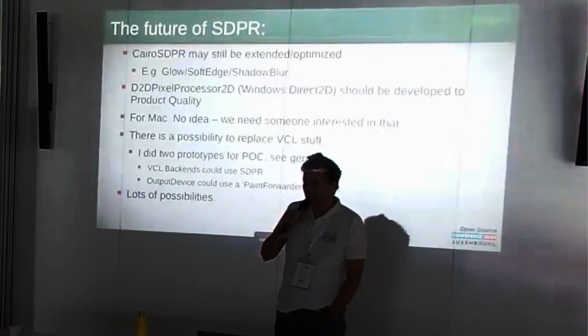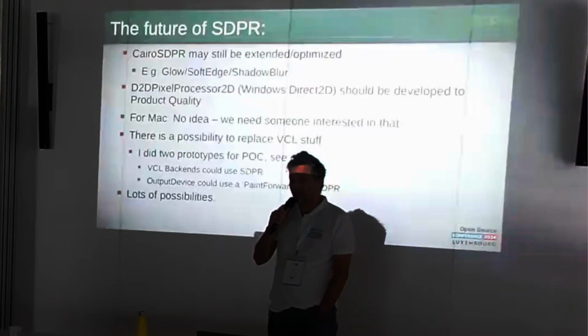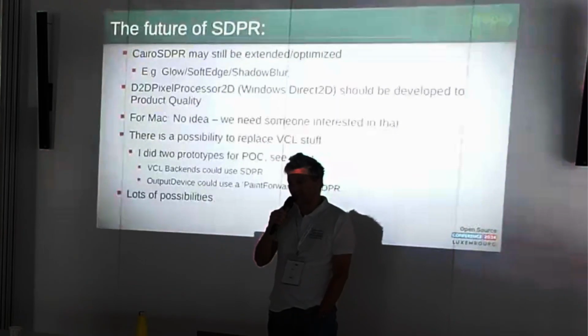Michael was speaking about a Skia backend. That's not really wrong because a good point would be we would have one SDPR which runs on all systems. But I have to say I have not too good experiences with Skia, so I'm skeptical.